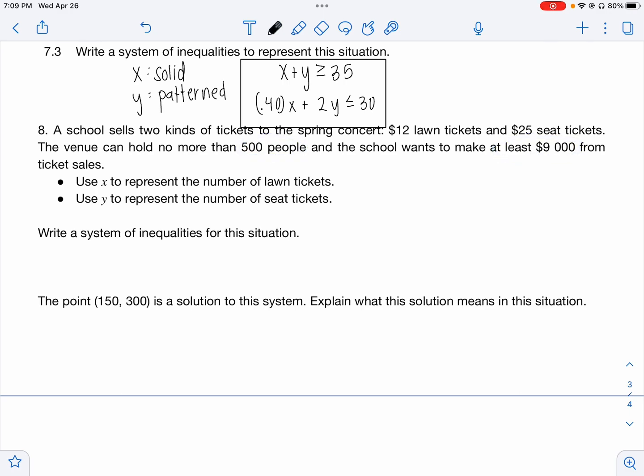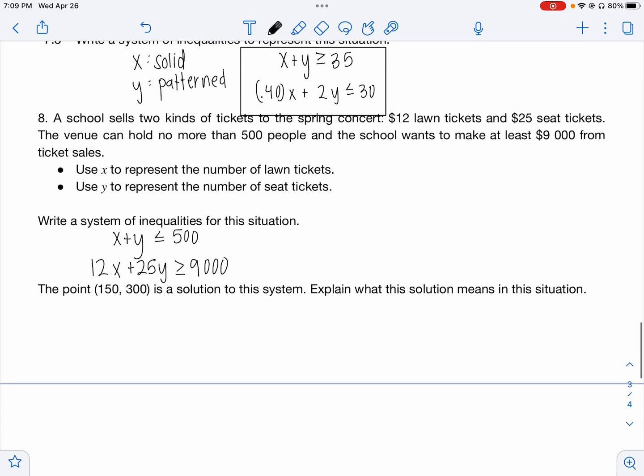So, X plus Y, the number of tickets for each kind, has to be less than or equal to 500. But also each price, so 12 times the X's and 25 times the Y's, those want to be greater than or equal to $9,000. So that would be your system.